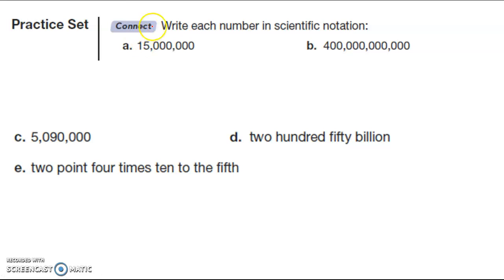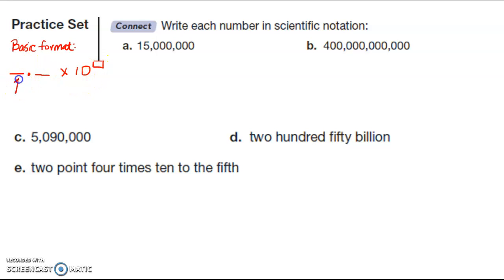All right, so we're going to do scientific notation. The basic format of anything in scientific notation is going to be a number that's not zero, a decimal, and then however many other numbers, times 10 to something.